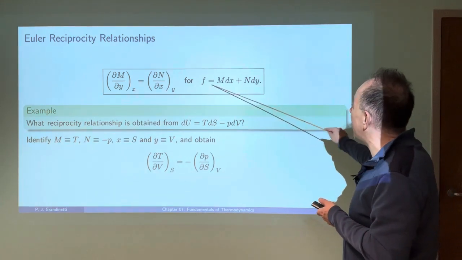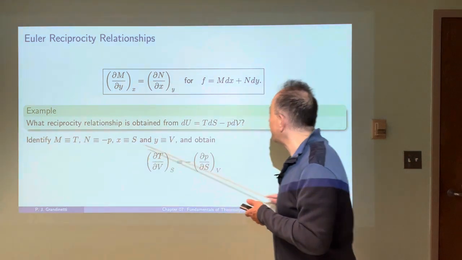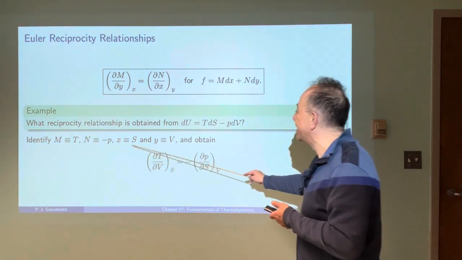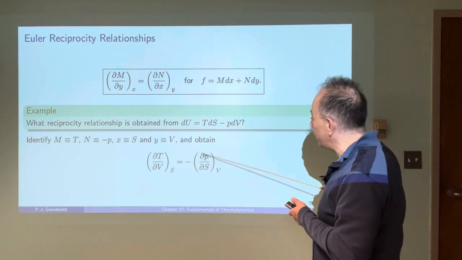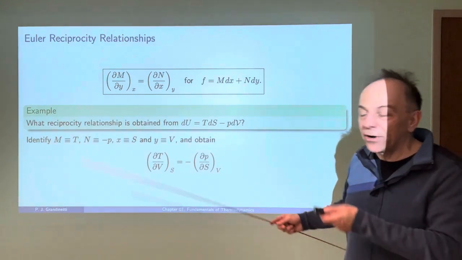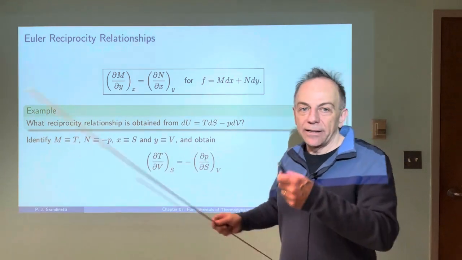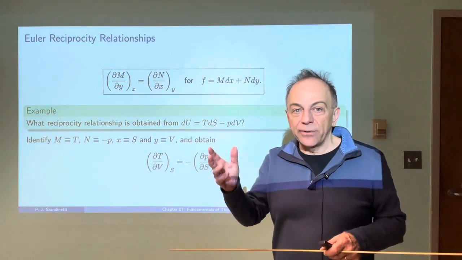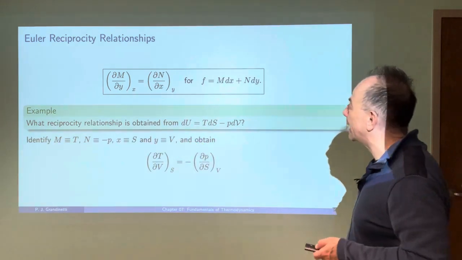You recognize that having this form here, so then you just identify who is the m, who is the n, who is the x, and who's the y, and from this expression, you can derive this relationship between the partial derivatives. So I'll let you do more examples of this, but these will be handy as we're trying to relate how changes in different state functions occur during various processes in thermodynamics.